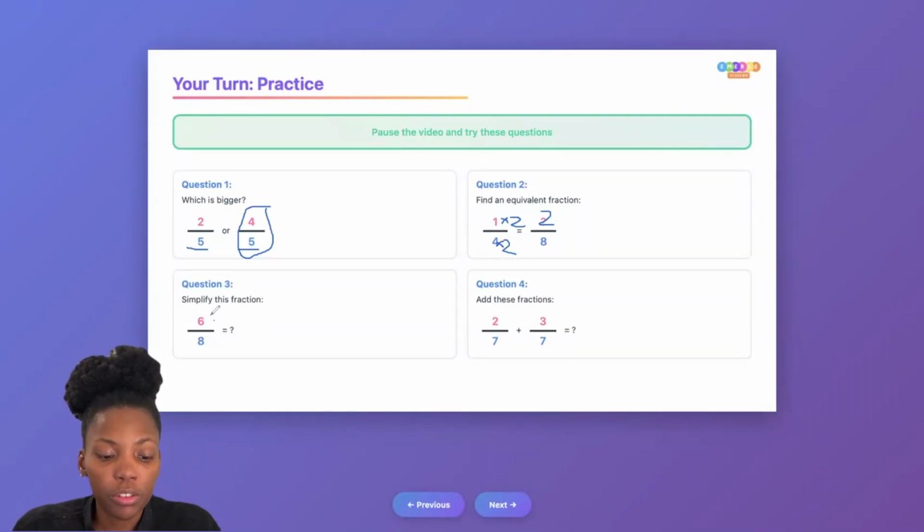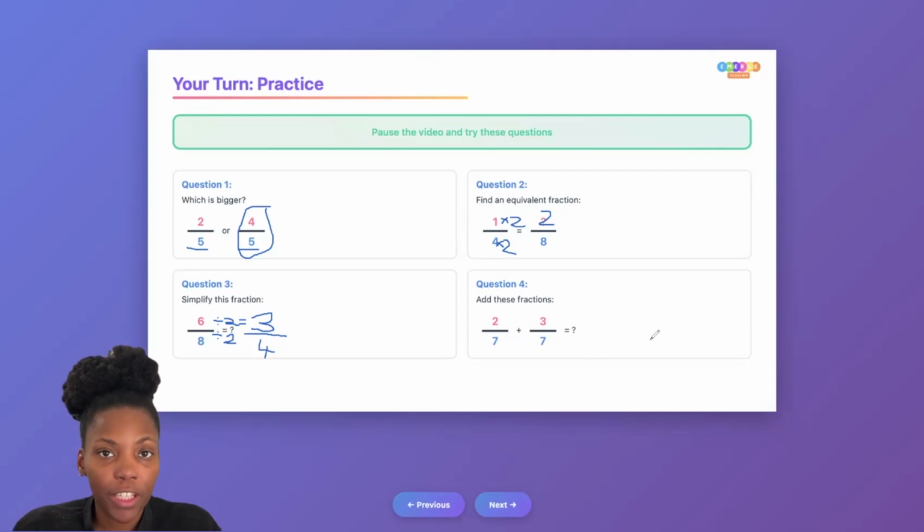So what we will do is divide the top number by 2, and we'll also divide the bottom number by 2. And what does that give us? Well, 6 divided by 2 equals 3. And 8 divided by 2 equals 4. So our answer is 3/4.